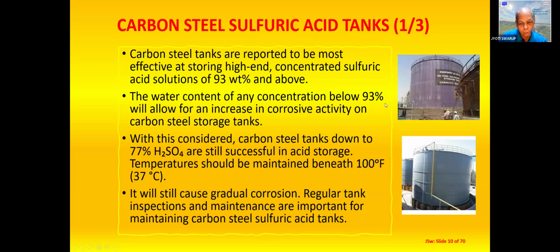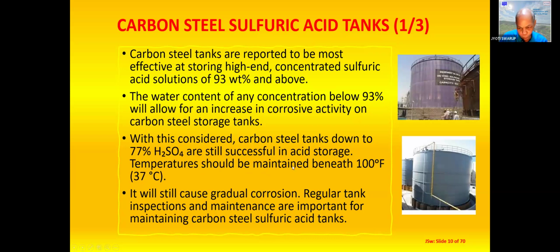Therefore, only above 93% do we prefer to use it, even though tanks are used up to 77% H2O solution. It is assumed that at 77% H2O or higher, up to 93%, the tank will corrode.